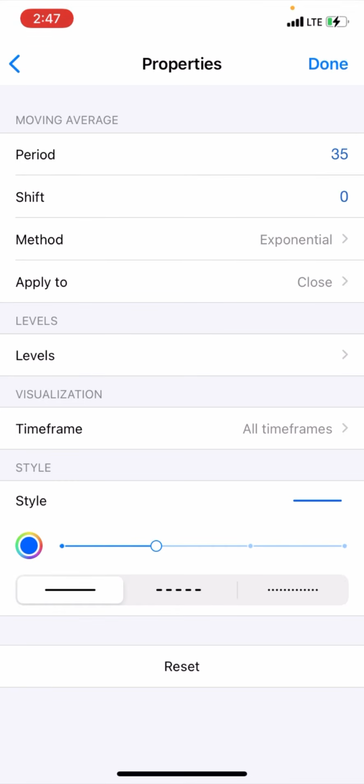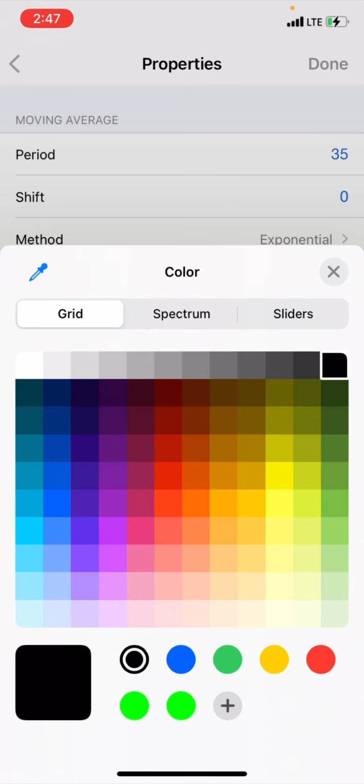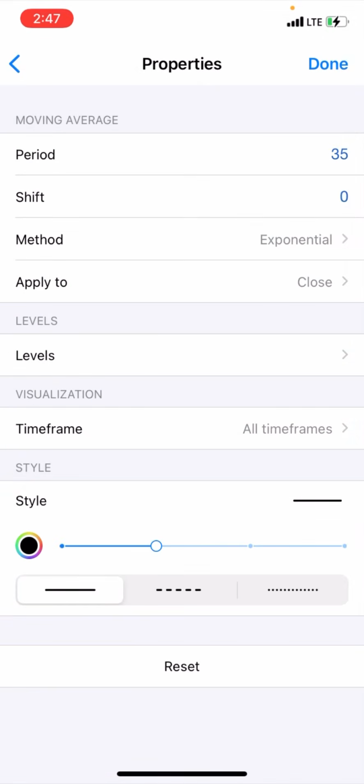And if you are using the dark background, ensure that you're using bright colors that will be visible in your chart. I could actually change this right now to a dark color, to blue, to black, to red, to any other one, but the point is I will make sure that it is very visible on my chart.